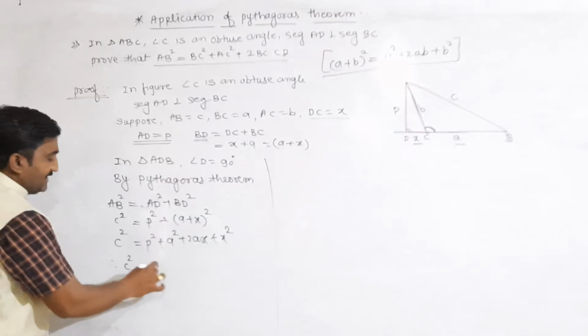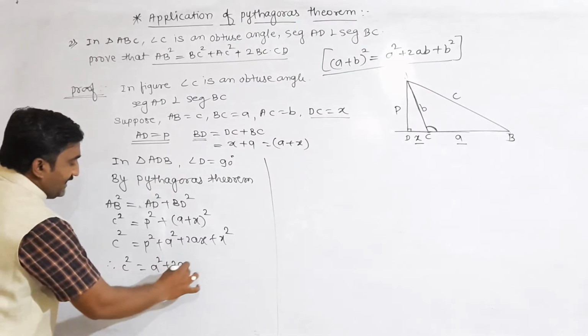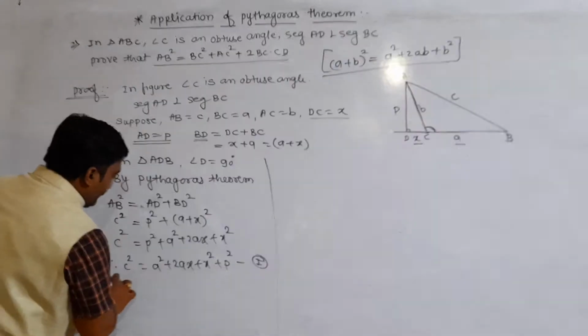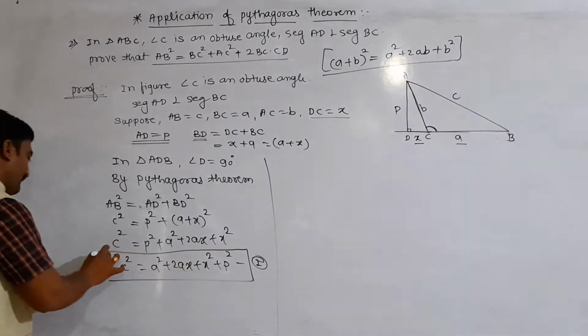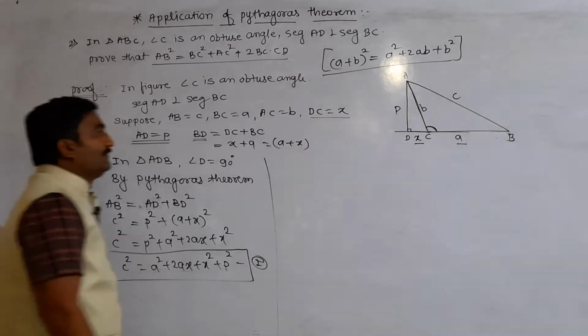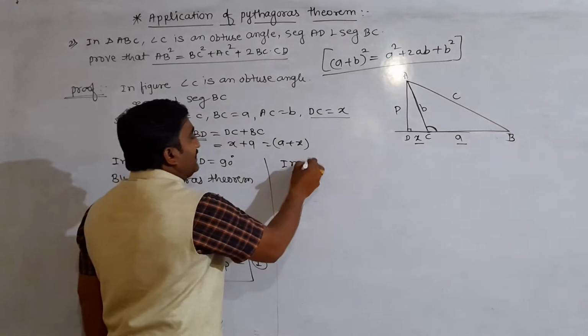Therefore, c square is equal to a square plus 2ax plus x square plus b square. This is called equation first.